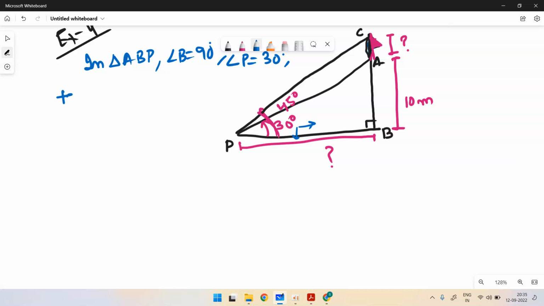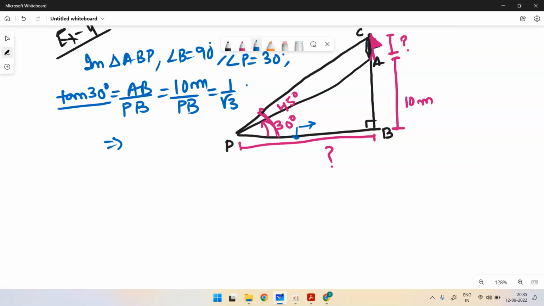So tan of 30 degrees is AB by PB. Now AB is given to be 10 meters, PB you don't know. But tan 30 is 1 by root 3. So from here you get that PB is 10 root 3 meters. This is the distance of point P from the building: 10 root 3 meters.